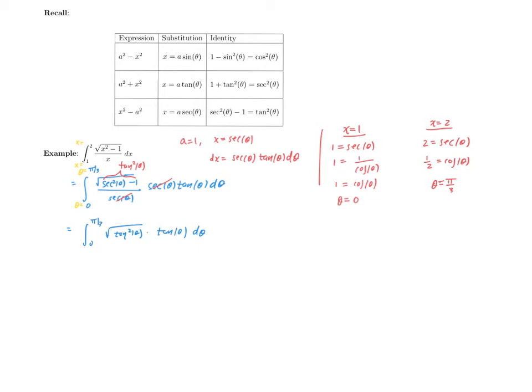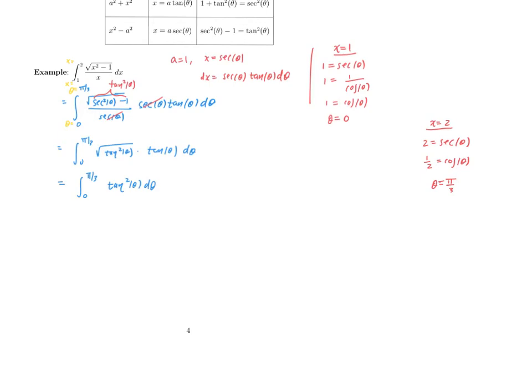The square root of tangent squared is tangent, so we really have the integral from 0 to pi over 3 of tangent times tangent, which is tangent squared, which is a very familiar trigonometric integral. In fact, we evaluated this several times recently. So instead of going through the details, I will let you fill them in.